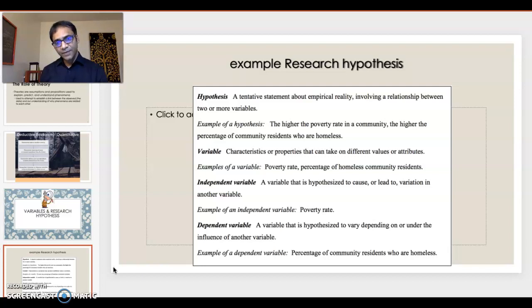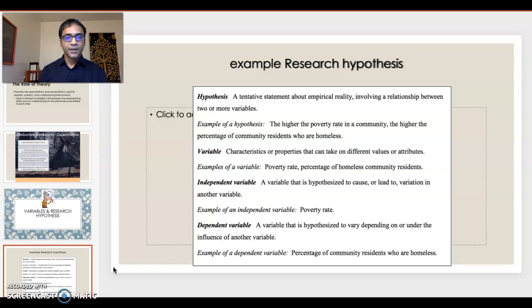And then there are independent variables and dependent variables. The independent variable is hypothesized to cause or lead to variation in another variable. Here the example is poverty rate. The dependent variable is hypothesized to vary depending on, or under the influence of, another variable. So here the dependent variable is the percent of community residents who are homeless.